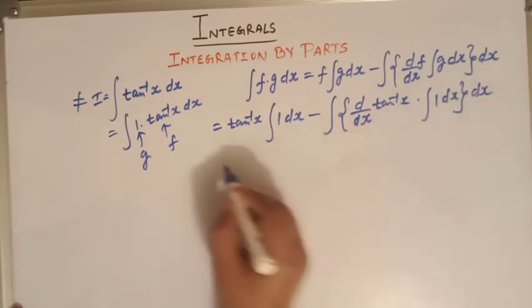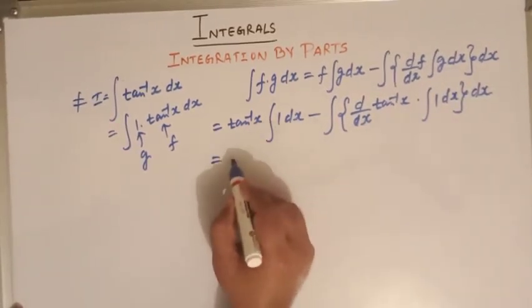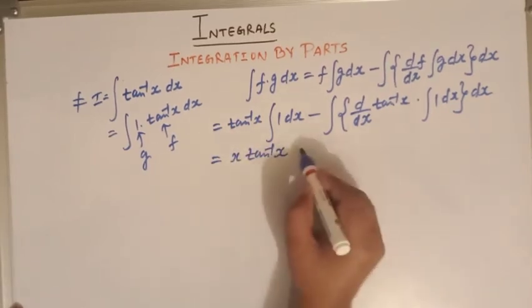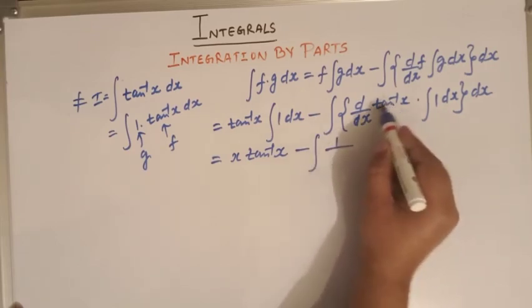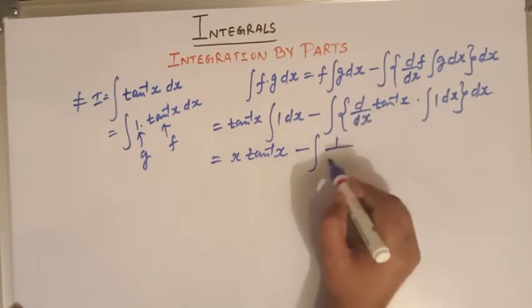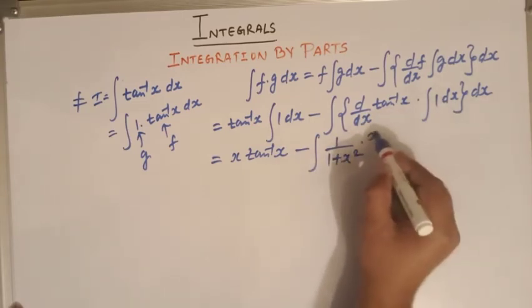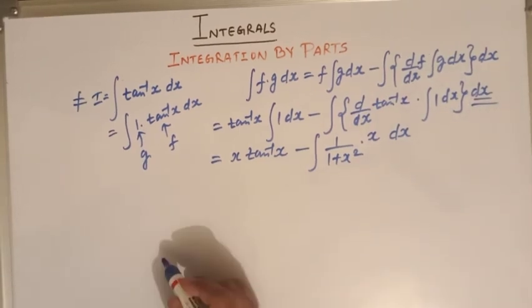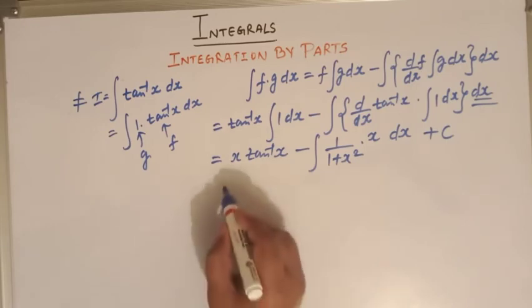Clear? Now the integral of 1 is x, so this can be written as x tan inverse x minus the integral of the derivative of tan inverse x, which is 1 over 1 plus x square, times x, dx. Clear? Now here we should also write the constant of integration as c.